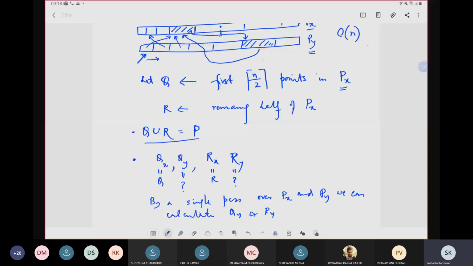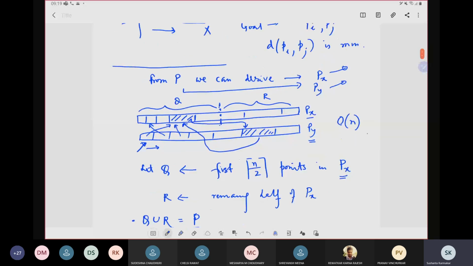So that's why it is said that by a single pass over Px and Py, we can calculate Qy and Ry. What does this mean? That means, see, I sort this Px and Py. That time it took order n log n.